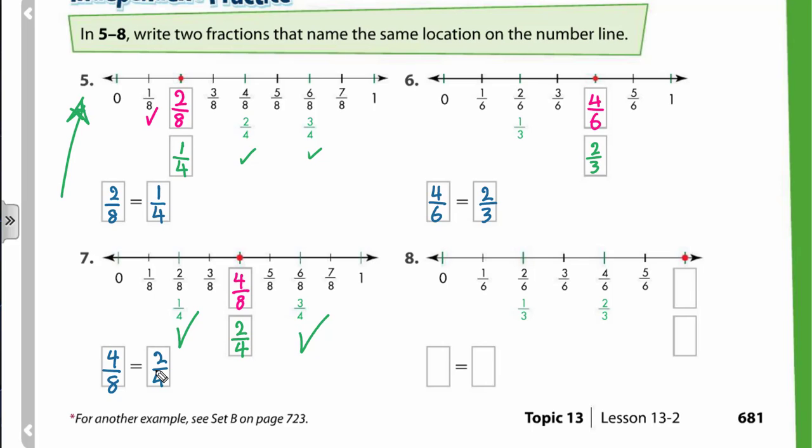Question number 8. First, I put 3/3. No, 3/3, like this.